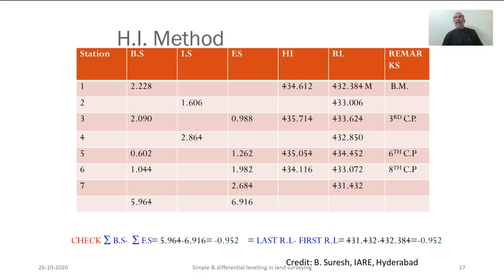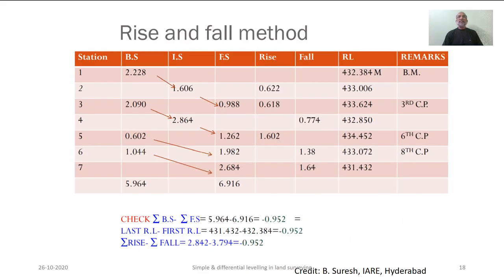So at that time, you have to see that on each of the pages, you will be performing the calculations, you will be applying the checks, and after applying the check, then only switch over to the next page. Practically, this is very important. So same calculations are shown by rise and fall method also.